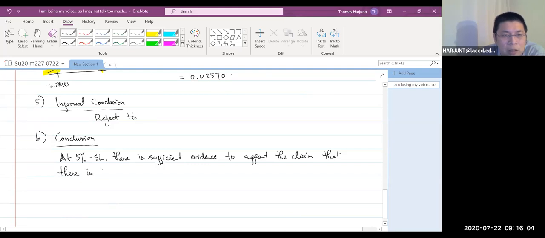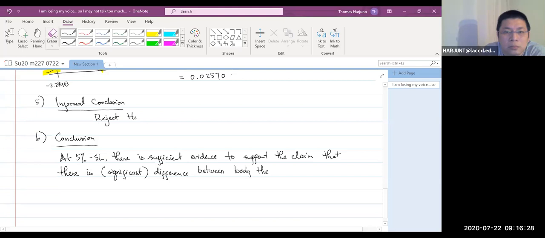significant difference between body temperature between men and women.